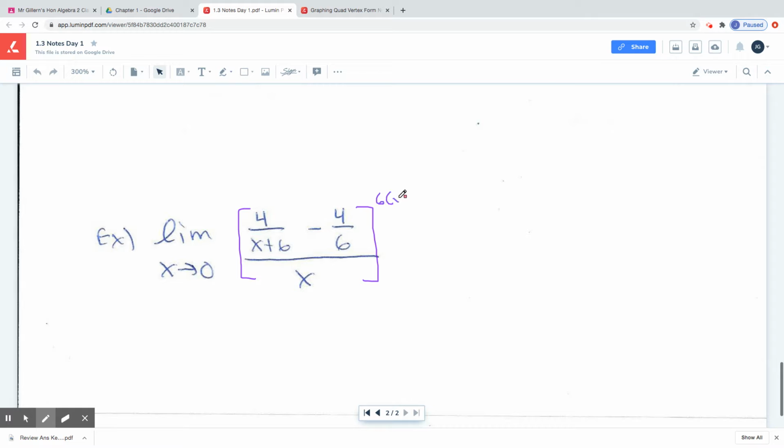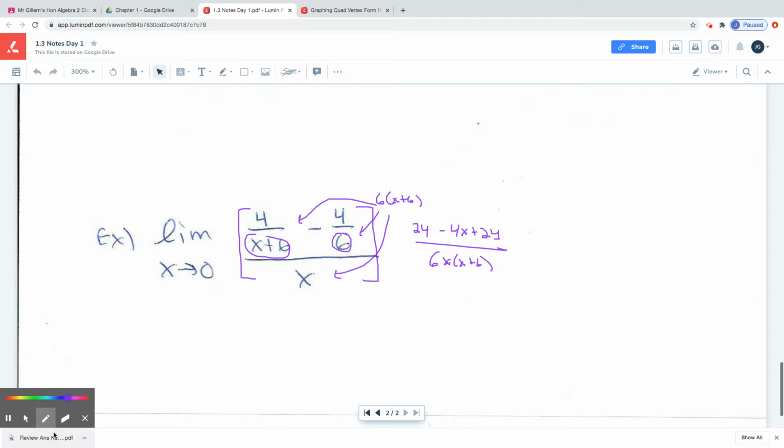You're going to multiply by 6 times x plus 6 because that's my common denominator. When I multiply by the first term here, the x plus 6 will cancel, leaving me 4 times 6, which is 24. When I multiply here, the 6's cancel, and I'm just going to distribute that -4, -4x plus 24. And then I multiply by the bottom, just leave it as 6x times x plus 6.